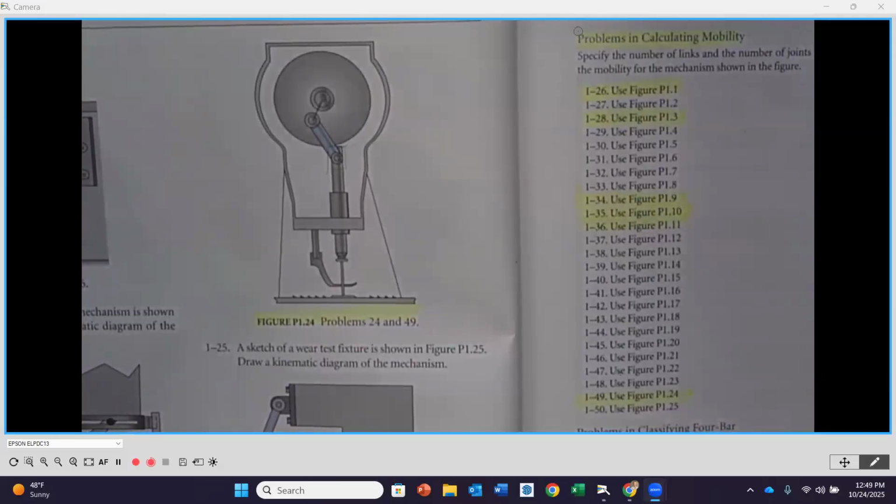Now, I know there was a question on this particular problem. Did that help to clear that up, or do we want to see this one set up? No, that cleared it up for me. Okay, sounds good. Does anybody want to see anything further on this particular mechanism at this point?